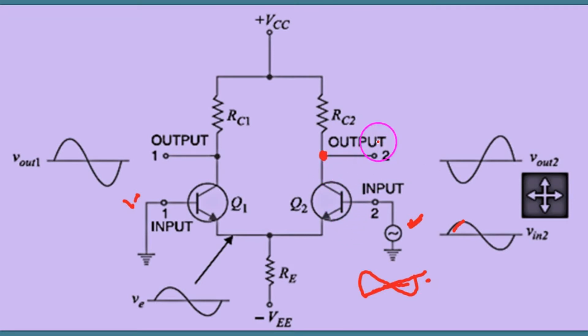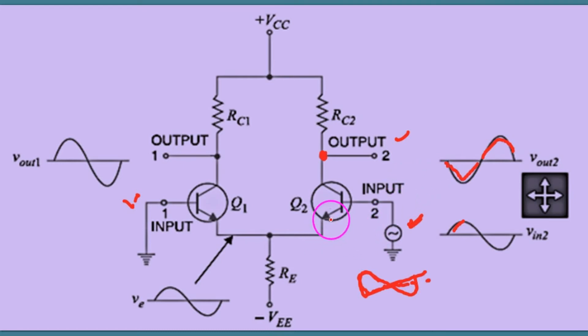So here the output appears, but of opposite phase. Like this is positive going, the output is negative going. So it's a phase reversal. That's the negative going. This one is the positive going.